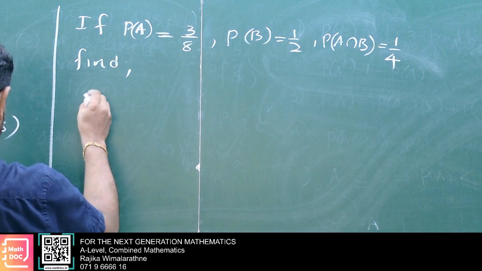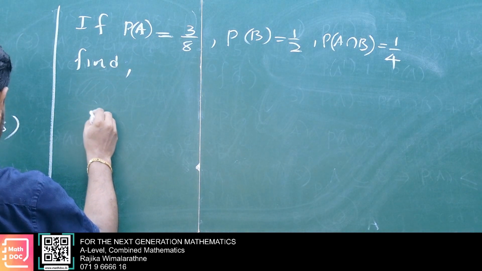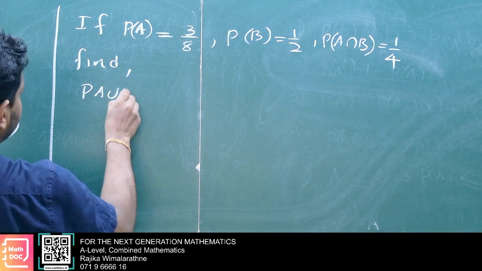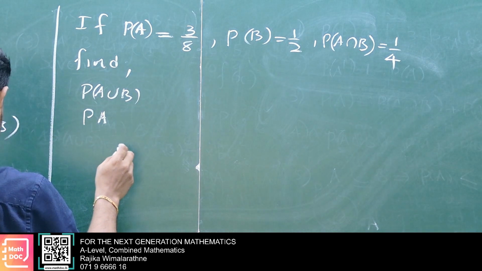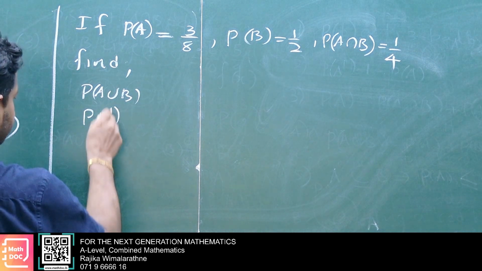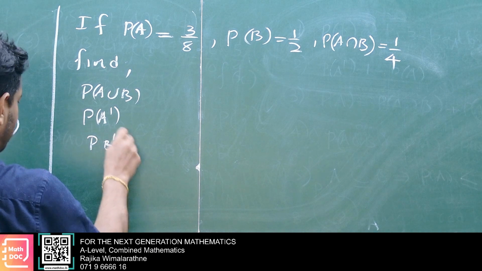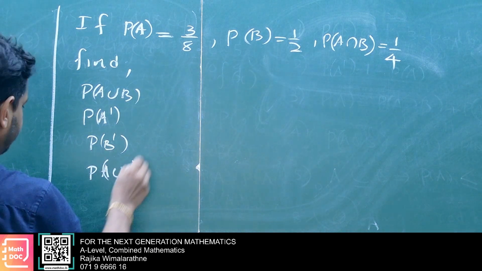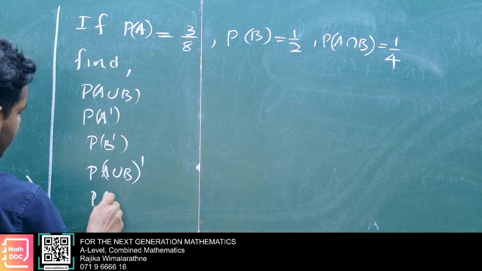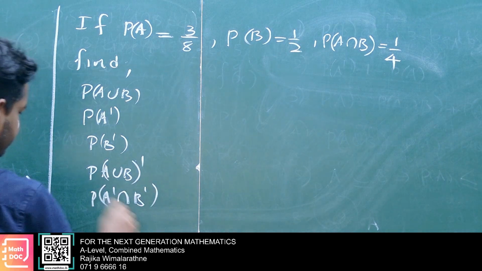Find, okay, you do one by one: P(A union B), P(A dash), P(B dash), P(A union B dash), P(A dash intersection B dash).